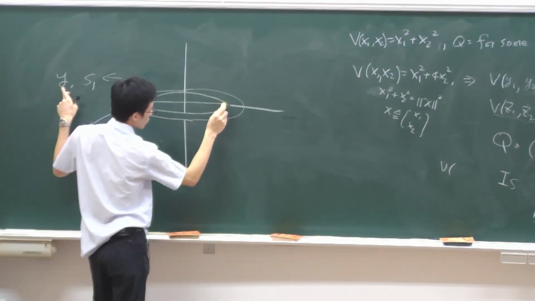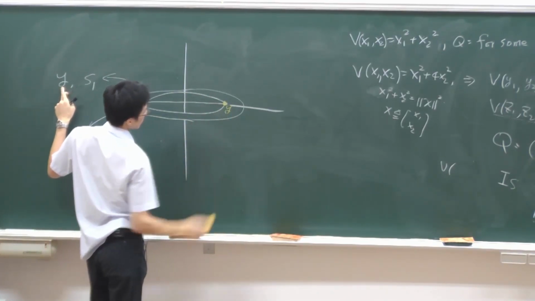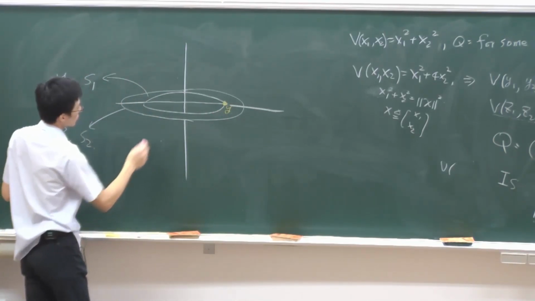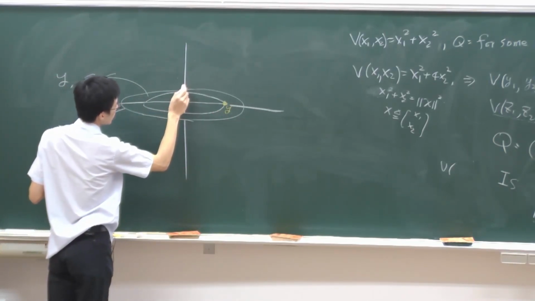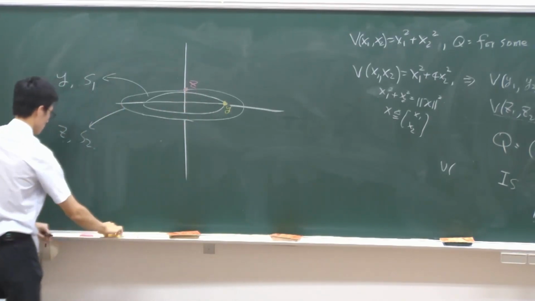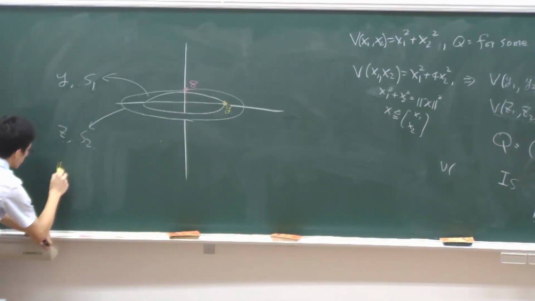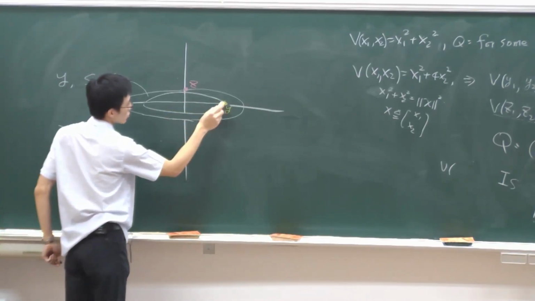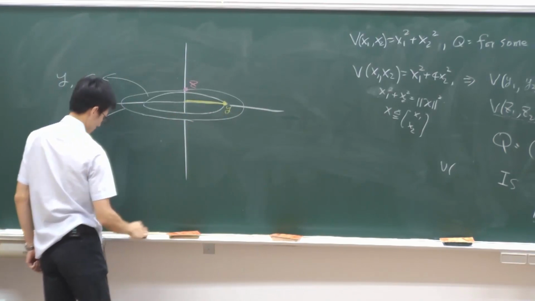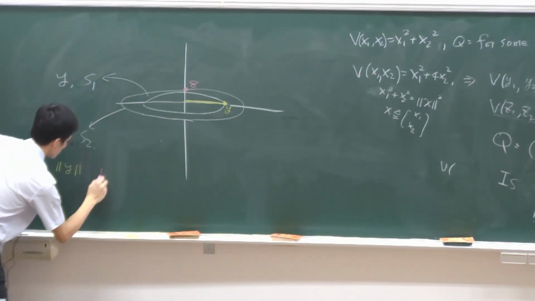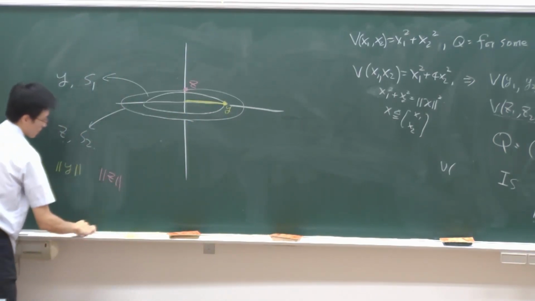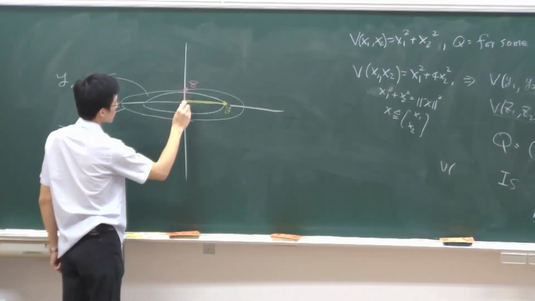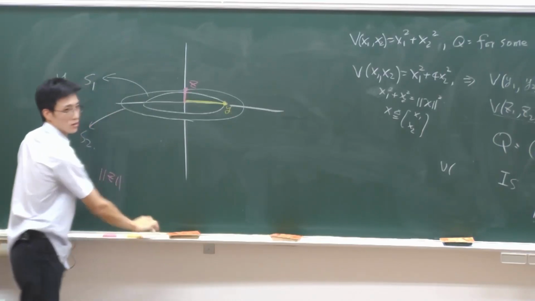So if I choose Y to be here, Z to be here, and the distance of Y is this to the origin, right? And the distance of Z is this. Which one is larger?